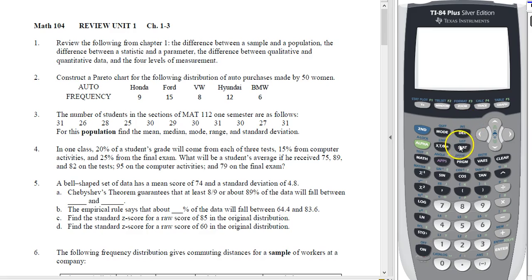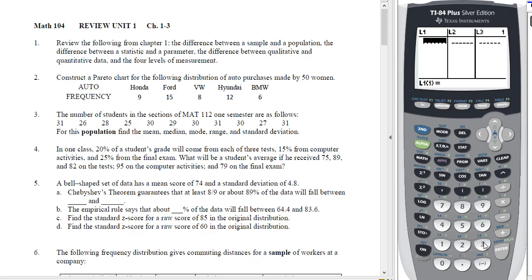and go to your Stat button, enter for edit, and then if there's anything in your list, go ahead and clear that out. I'm going to arrow up and hit clear and enter for list 2, and arrow over and up to hit clear and enter to clear list 1. Now I only need one list for a single set of data. So I'm going to use list 1.